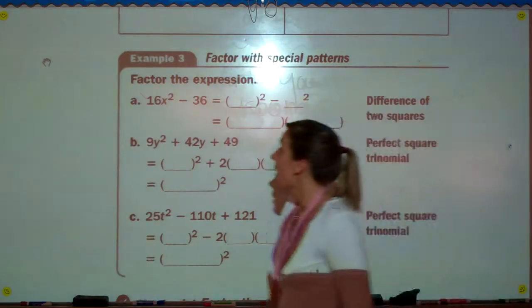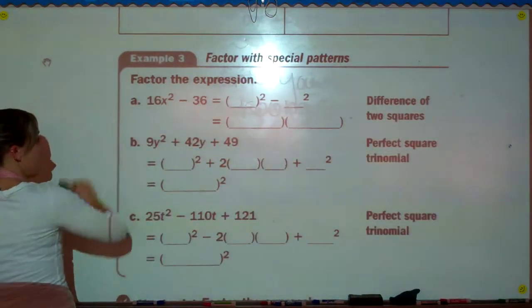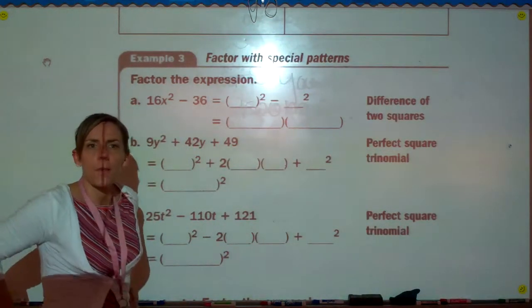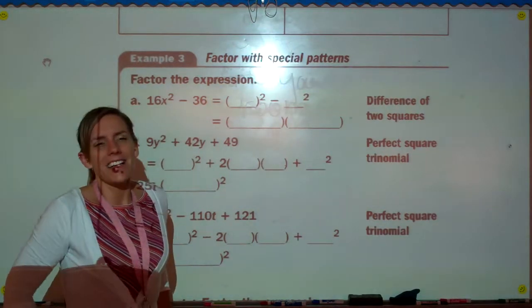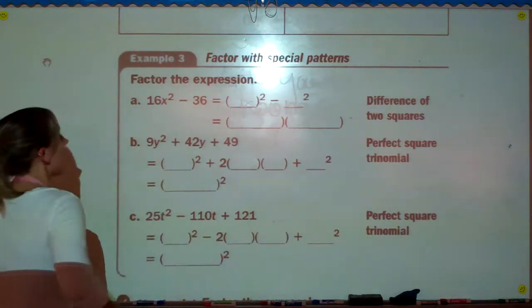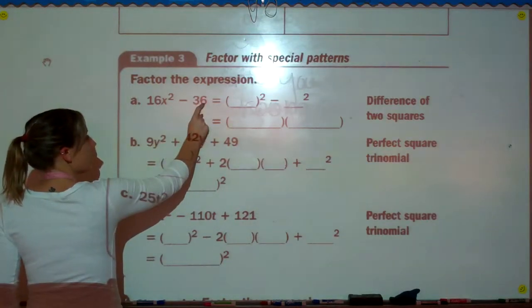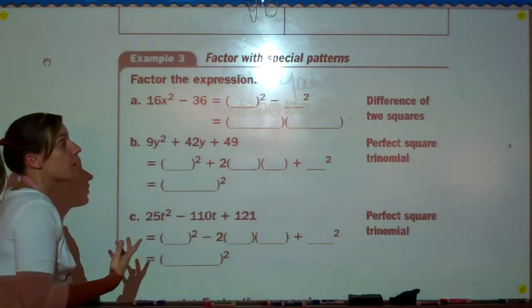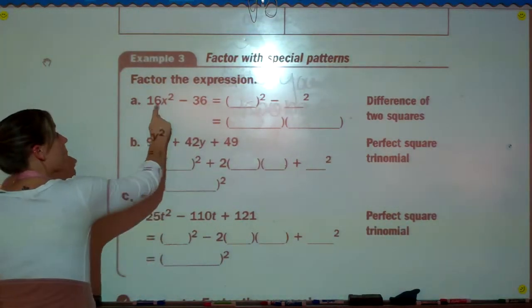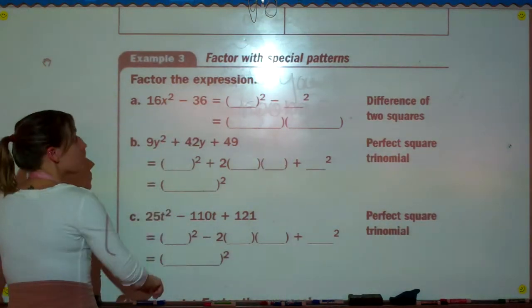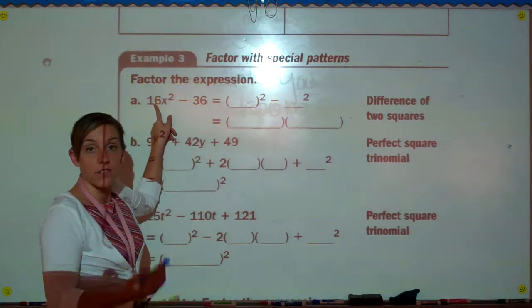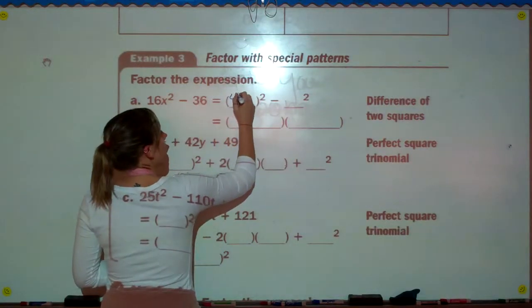All right, so this is a lot like the perfect square pattern that I showed you last time, except there's just a tiny bit more to it. If you notice, 16 and 36, they're both perfect squares. They can both be square rooted. So when you do that, what times what gives you 16? Well, that's 4 times 4.